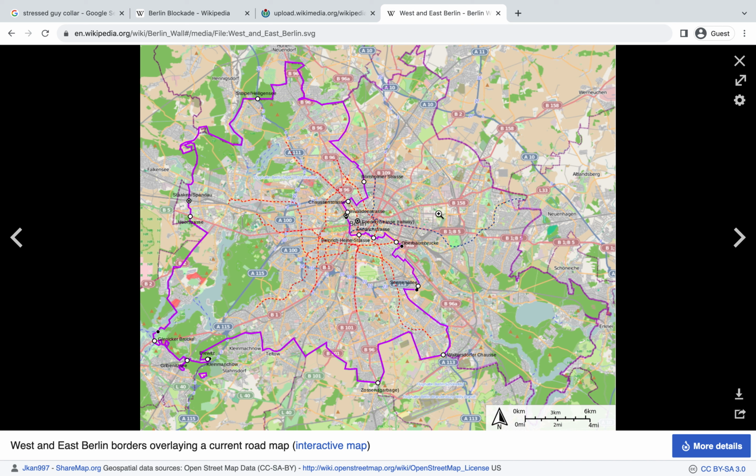It's humiliating, and not only is it humiliating, but West Germany, West Berlin, is going to have much more influence on what happens. So Khrushchev wants them gone.